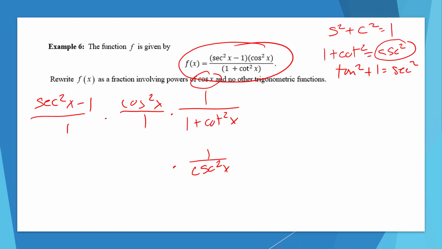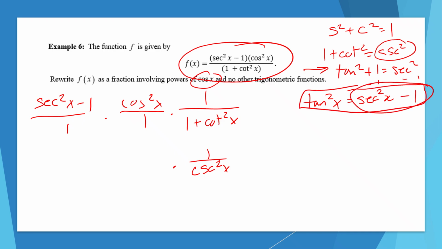And then we know secant squared x minus 1, that's probably going to be a key to use this third equation, which if we rewrite this, tangent squared x plus 1 equals secant squared x. And then if you subtract 1 from both sides, that gets what we're looking to replace. So this is tangent squared x times cosine squared x.